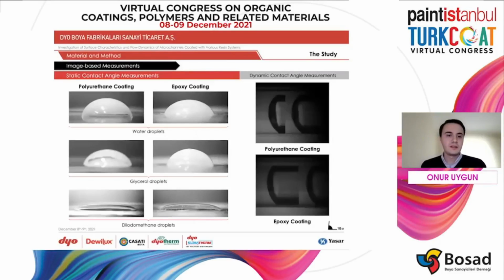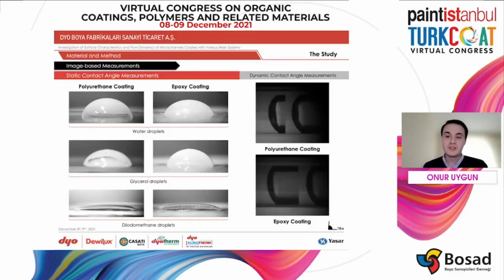Here are our image-based measurements. You can see on the left-hand side there are pictures of droplets on the coated flat surfaces, which are used to measure static contact angles and then calculate surface free energies. On the right-hand side, there are images of superimposed snapshots from recordings of fluid flow through our coated channels.